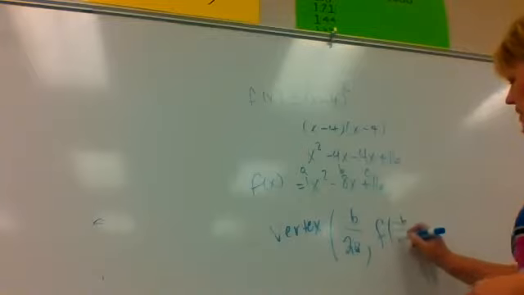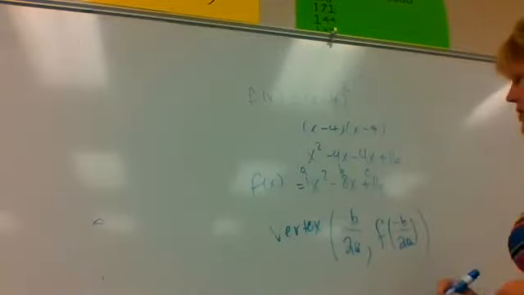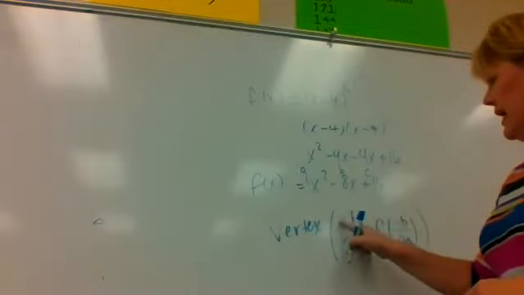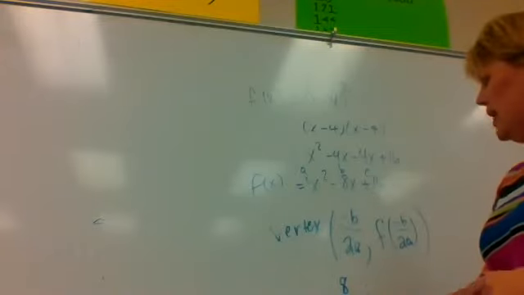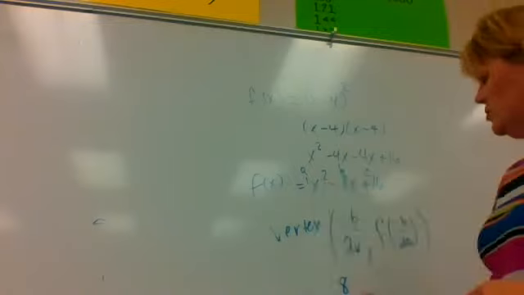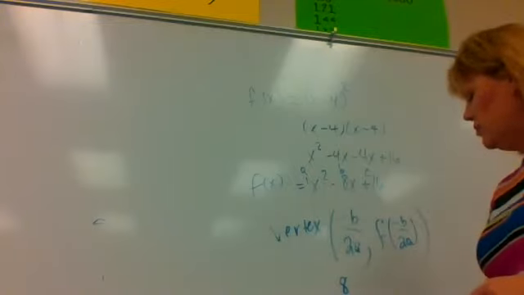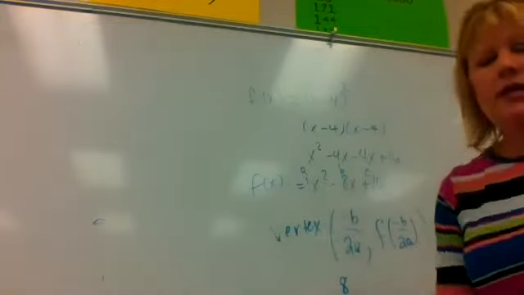So our first part of our vertex would be negative b, so it'd be -8, which is regular 8, over 2 times a, which is 1, and 8 over 2 is 4. So our x part is 4.